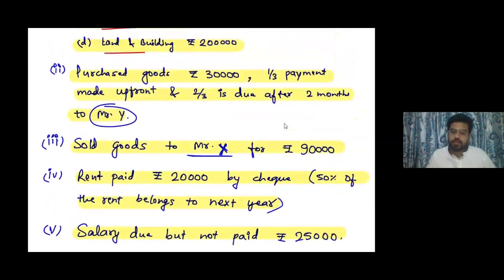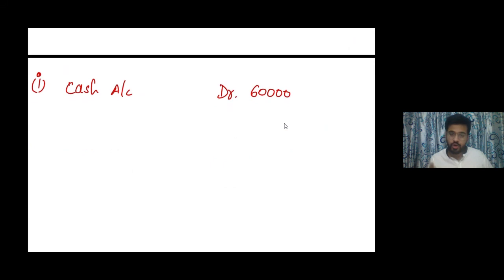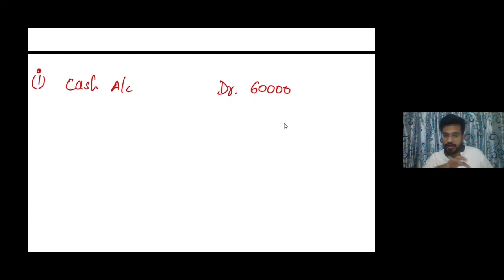However, not just cash has been brought in, we have got the bank balance as well of rupees 1 lakh, furniture of 40,000 and land and building of 2 lakhs. So these all are coming in, and when it is coming in, we need to debit that. So we have bank account debited with 1 lakh.